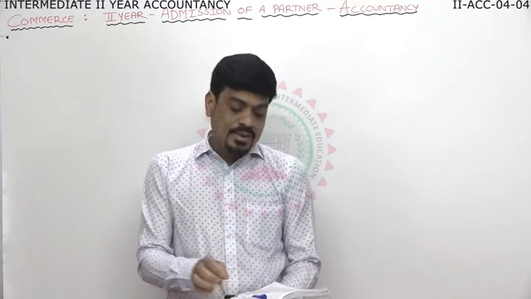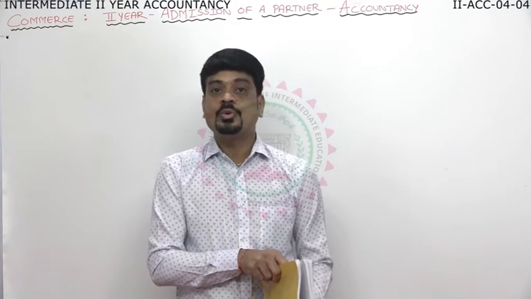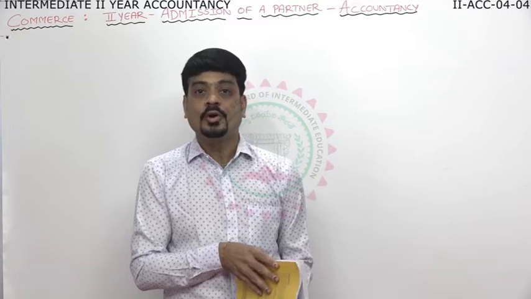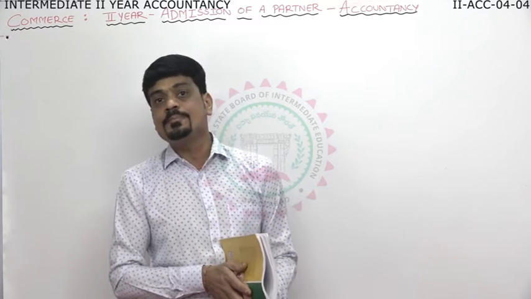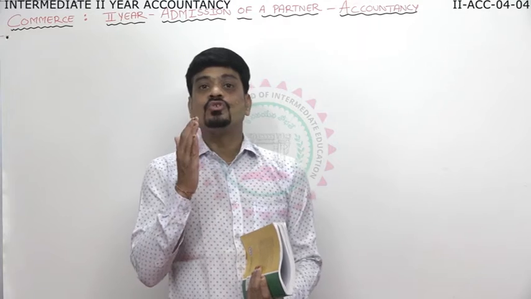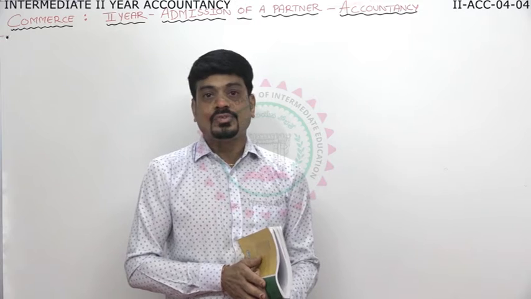Whenever you are supposed to do the solution, we are going to maintain the dignity of the accounts. What are the accounts we have to draft, and what sequence, if we follow, we get the solution in a very good manner. Always start solving the problem by drafting the accounts.